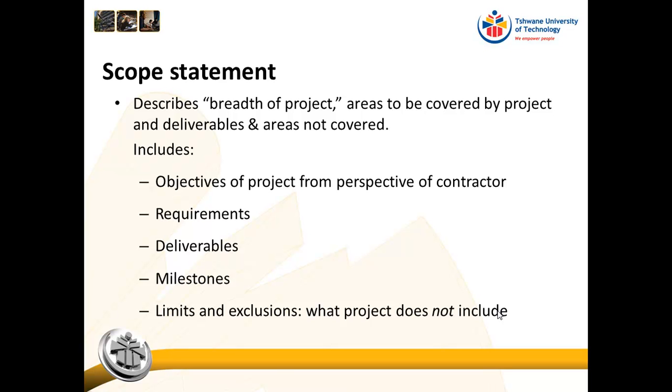So I will not be supplying lighting poles and lighting for this road. So you can see that if I do not explicitly exclude it, it might be that the client says, yes, but any road that you build, you should provide lighting. And so that is one of those implicit things that happens when you build a road. So it's important that I explicitly write that out.